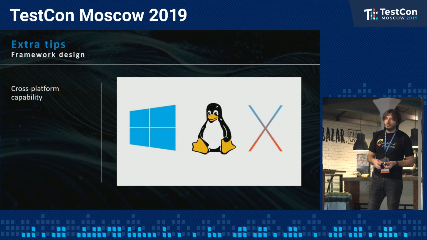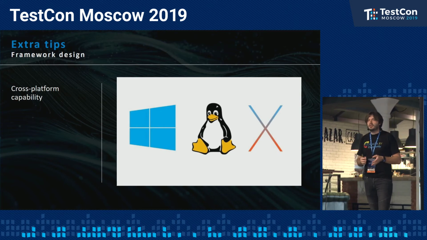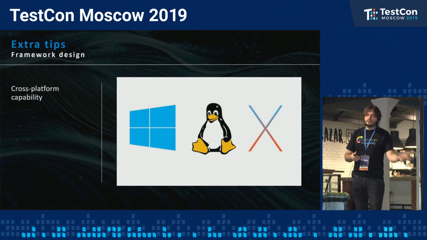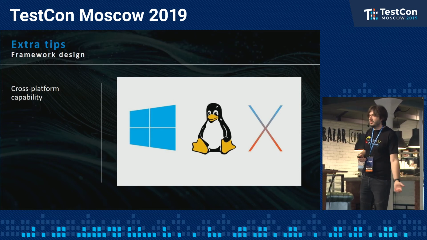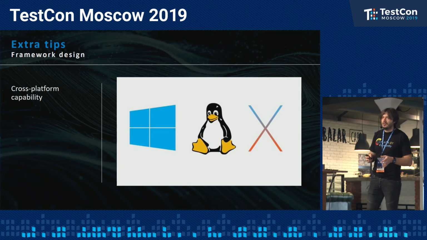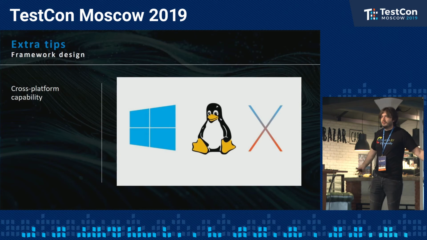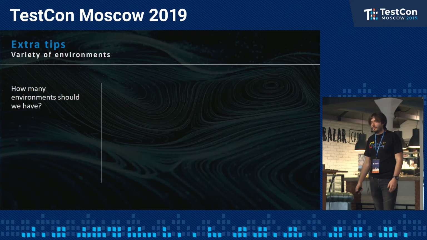AutoIt scripts are compiled into exe files, and these exe files only work under Windows, not on any other operating system. So our job was to get these scripts to work in other operating systems and other platforms. So please remember that if your CI is going to run under Linux and you use a Windows-oriented tool, you're not going to get anywhere.